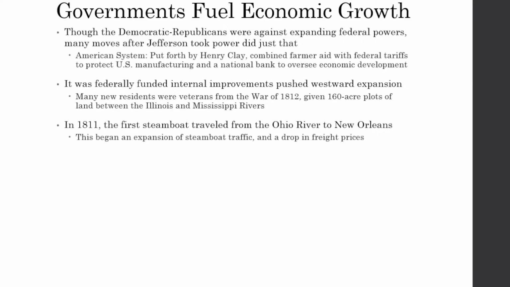And this began a major expansion of steamboat traffic, which caused freight prices to plummet, because freight prices over land were horrifically expensive. But if you could start moving stuff up and down rivers, which is where most of the cities were located anyway, for a fraction of the time and a fraction of the cost, shipping prices are going to drop.